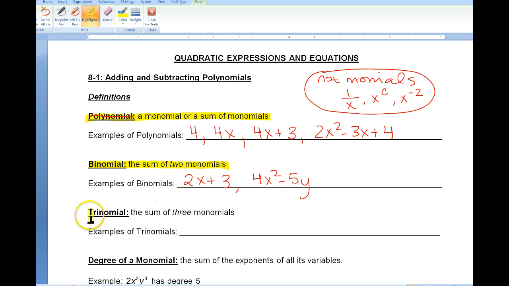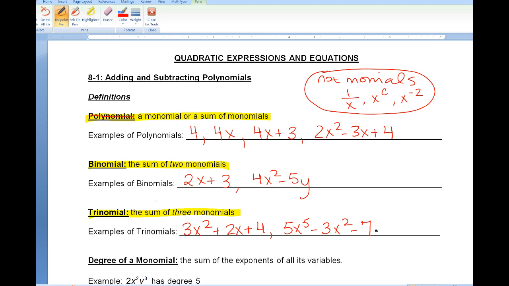Then we have what's called a trinomial. So a trinomial is when you add or subtract three terms together. So say we have 3x squared plus 2x plus 4, or 5x to the 5th minus 3x squared minus 7. These are when you have three terms being added or subtracted together. They're called a trinomial.